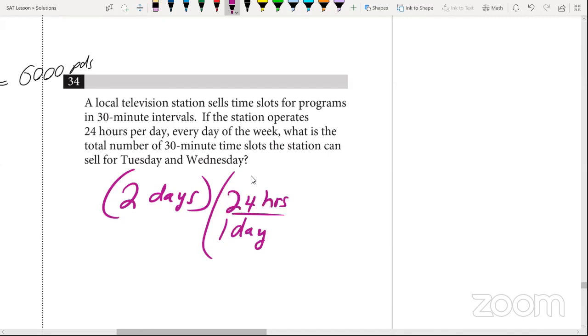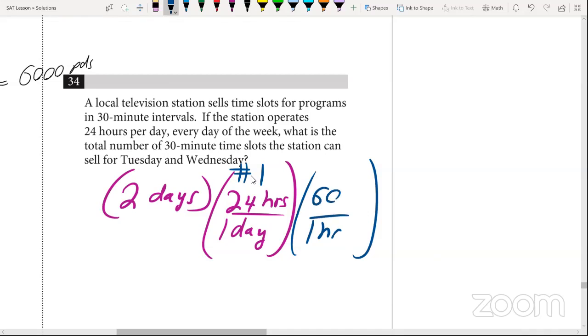So once again, unit conversions. And this is equal to the number 1. So we're just multiplying by the number 1. It's a fraction with the same thing on the top and on the bottom. And 1 hour is 60 minutes, by the way. So by that conversion, the hours are going to cancel.